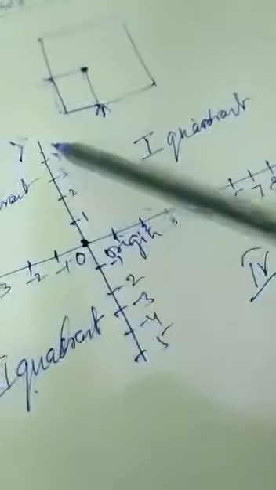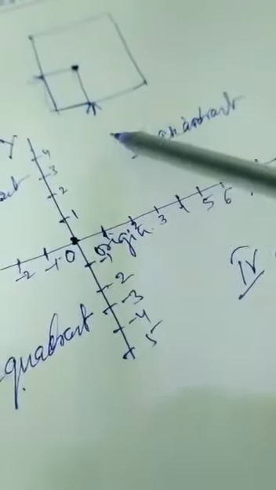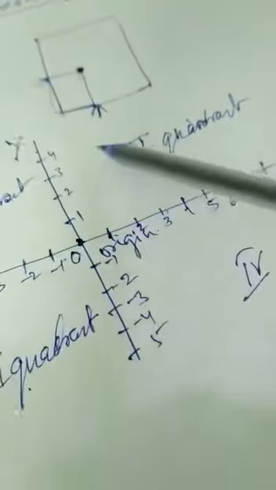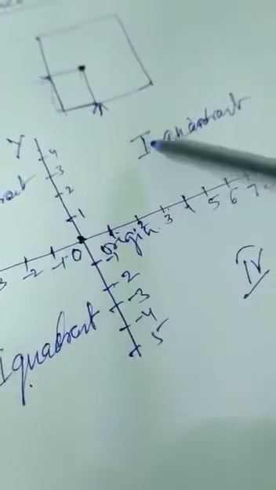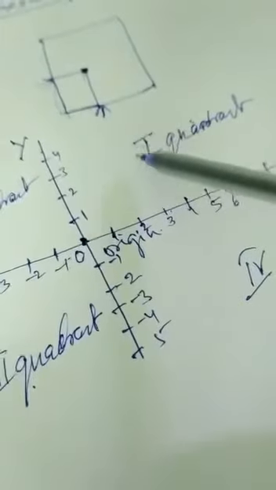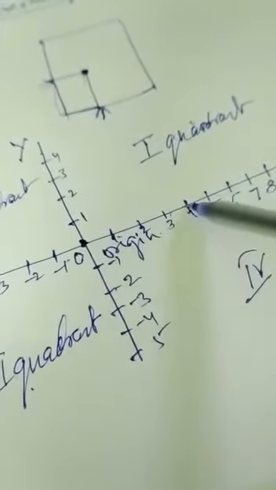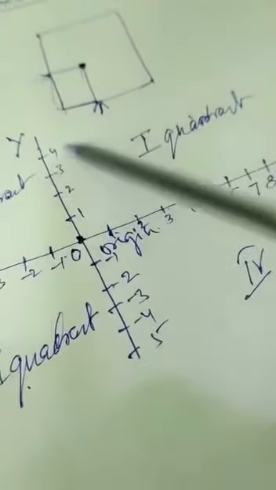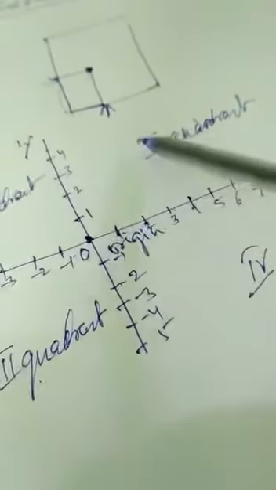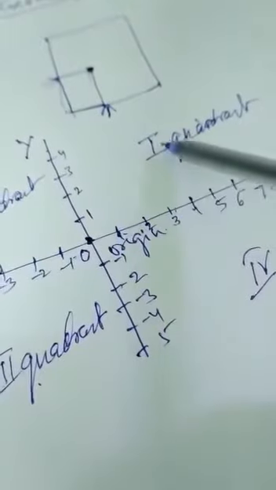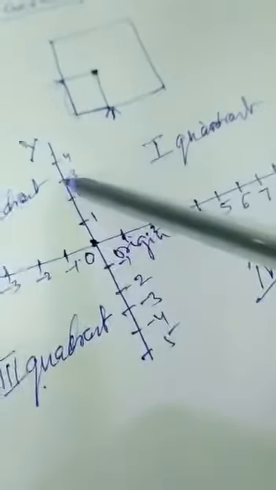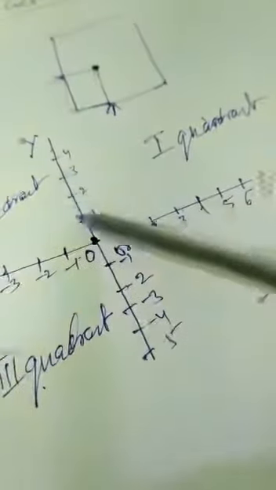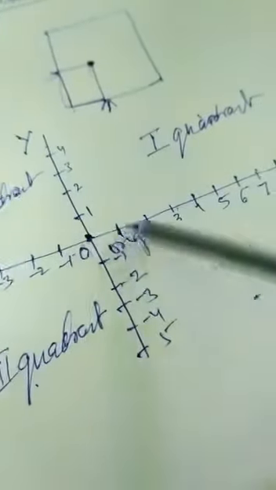Now see, for any point in the first quadrant, when you draw a perpendicular to the x-axis and a perpendicular to the y-axis, you will see that the distance is positive on the x-axis and y-axis also. This is positive and this is positive.